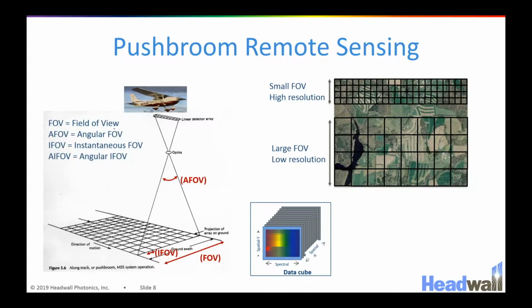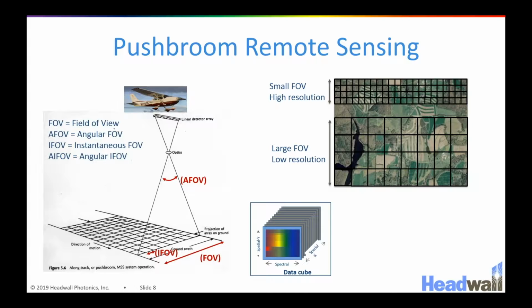The easiest way for me to visualize that is that any picture you take is normally a 2-dimensional picture, with an X dimension and a Y dimension, so 2 spatial dimensions. A hyperspectral image will have a whole spectrum at each of those spatial pixels, and you can think of that as the 3rd dimension in your data cube. Of course, you only have a 2-dimensional focal plane, so you have a problem.